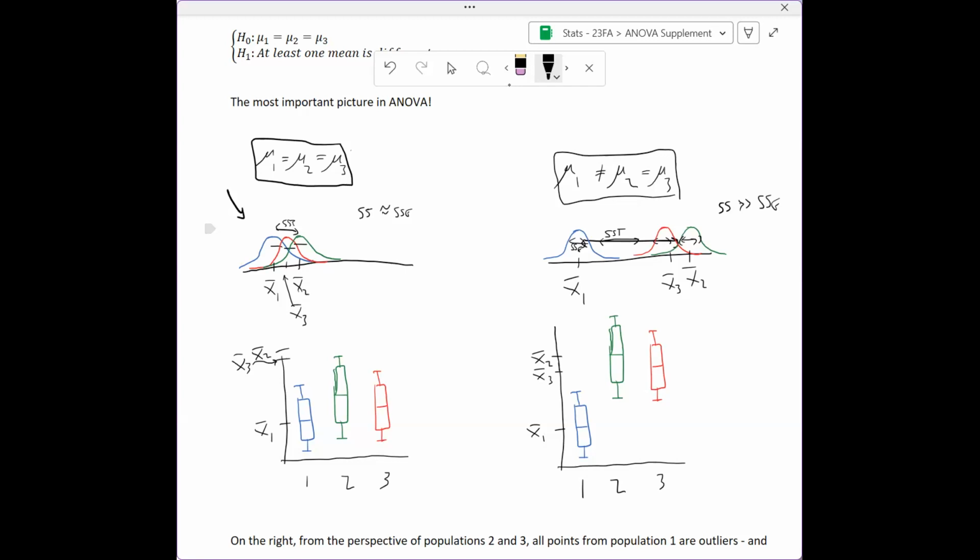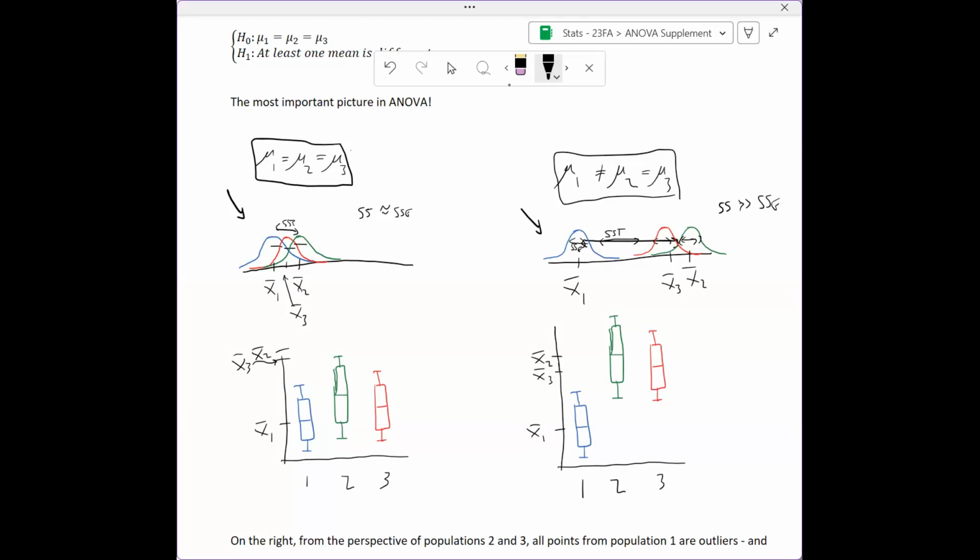Their sampling distributions overlap quite a bit. Versus we could think of a situation like the top right, where one of the X bars is quite far away from the other 2. X bar 1 is quite far away from X bar 2 and X bar 3. X bar 1's distribution really doesn't overlap much with X bar 2 or X bar 3's distribution.